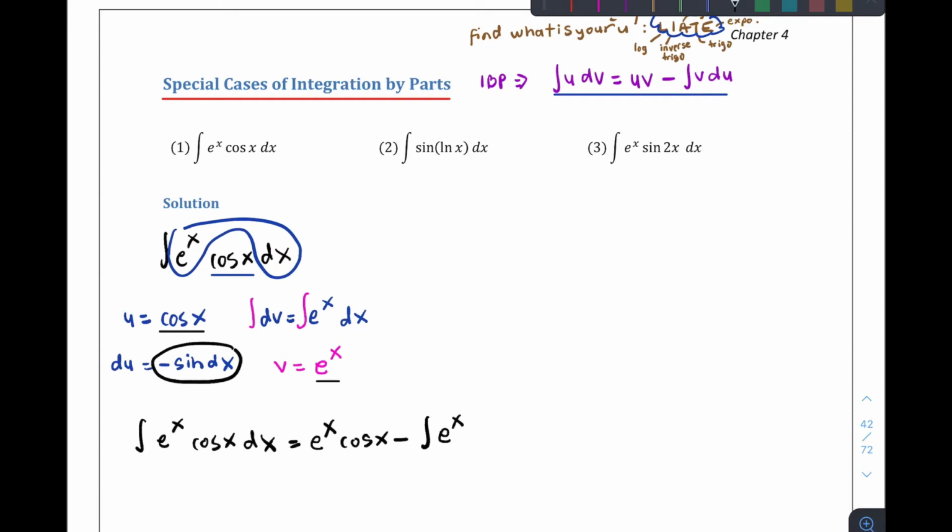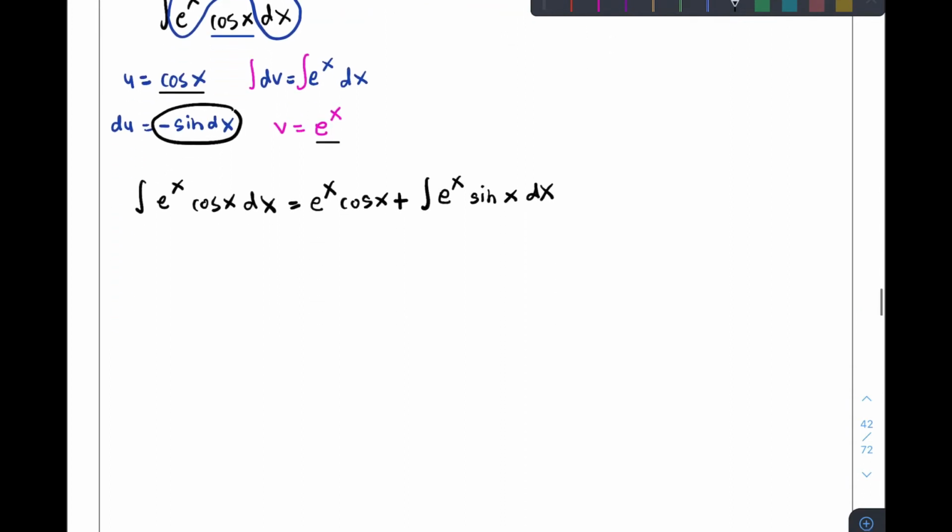If I put a negative inside and have a negative outside, it becomes positive: sine x dx. Now you have to integrate another time. Can you use u substitution? You can't. It's quite similar to the question, just that this is in sine.